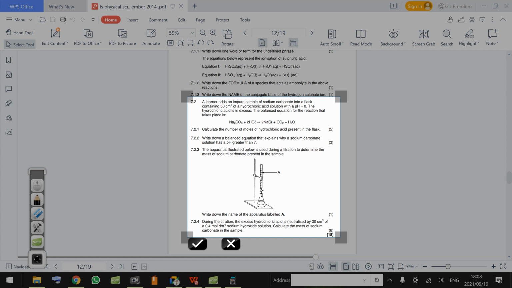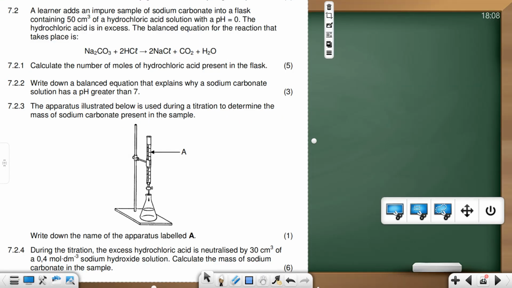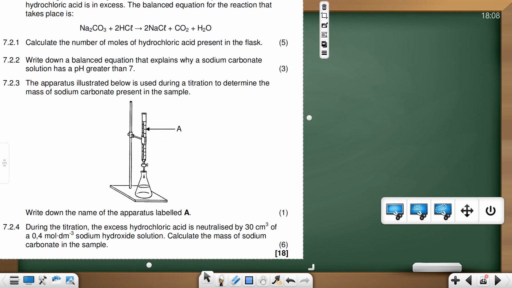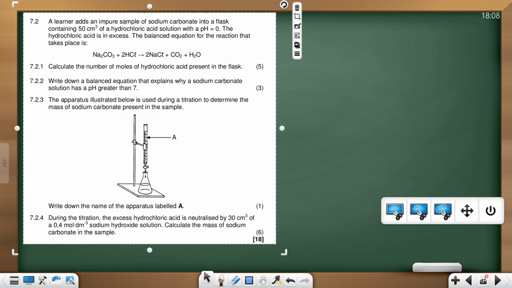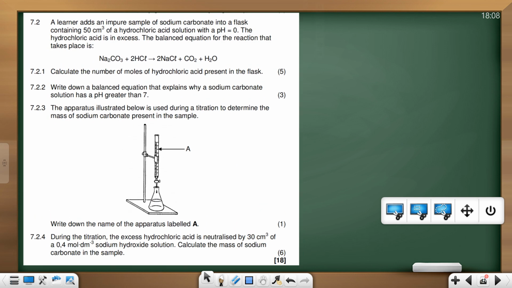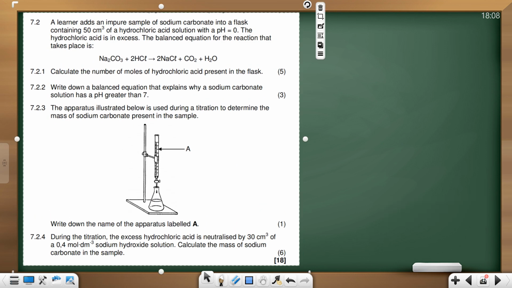Deal? All the other ones, ampholytes, conjugates, we should be comfortable with all of those. All right. Let's quickly check. All right, deal. Thank you very much.